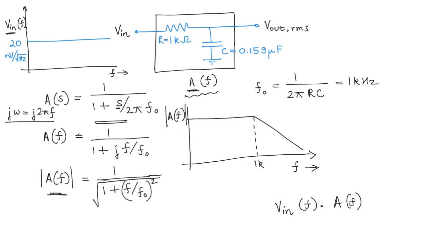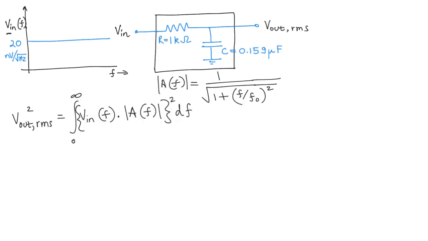And that gives me the spectral density, the root spectral density of the output noise. I square it and I integrate it. Where do I integrate it from? I will integrate it from 0 to infinity. And if I do that, I should get V out RMS square, right? So let's evaluate this in the next slide.